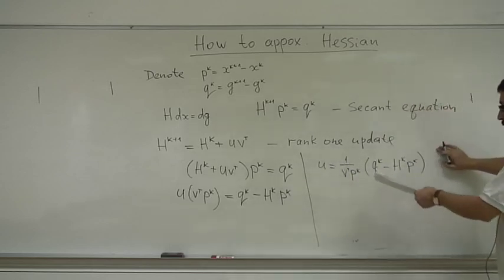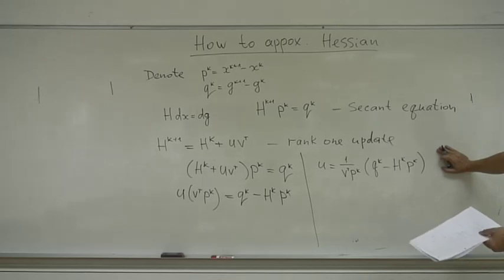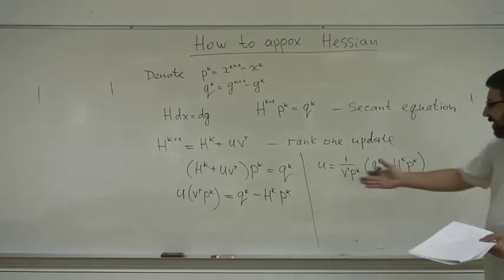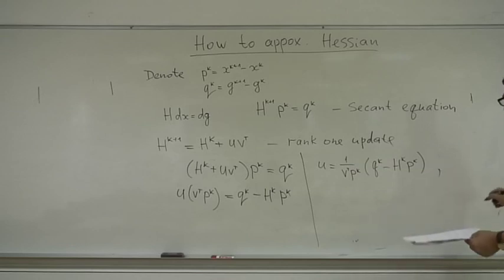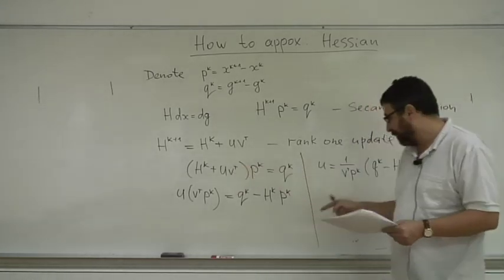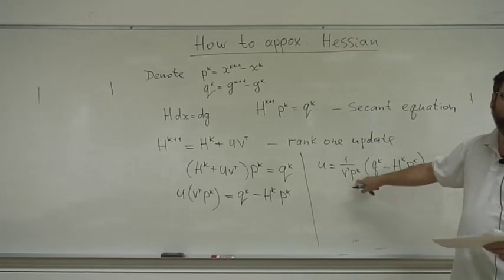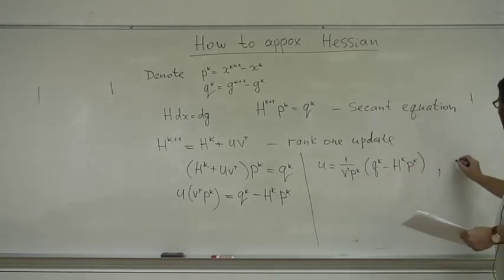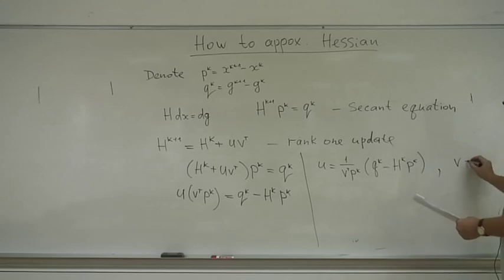And so this is the formula for u, and what is v? We have just one equation, and that's why any v works, we just need this to be non-zero. So v can be any vector, just non-orthogonal to p_k.